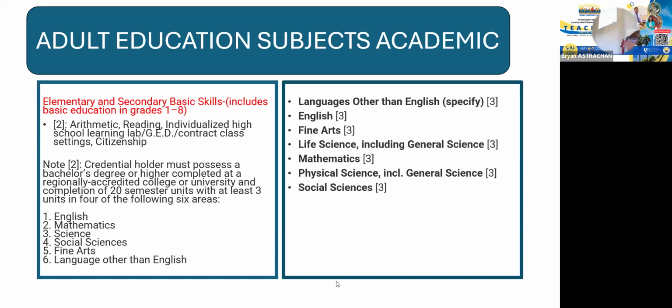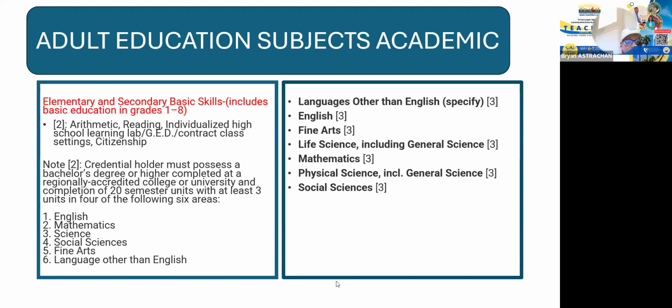You'll notice that I have a note here. Credential holders must possess a bachelor's degree or higher completed at a regionally accredited college or university. And there's that completion of 20 semester units with at least 3 units in 4 of the following 6 areas. And for most people, this is going to be no problem at all. If you look at your transcripts, you probably have this without any problem.